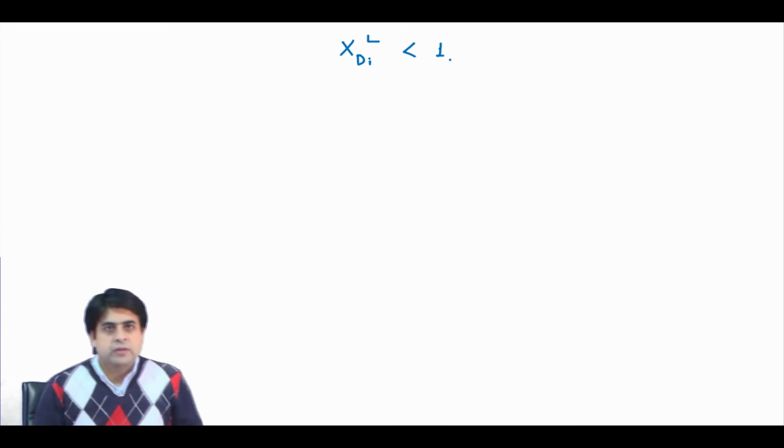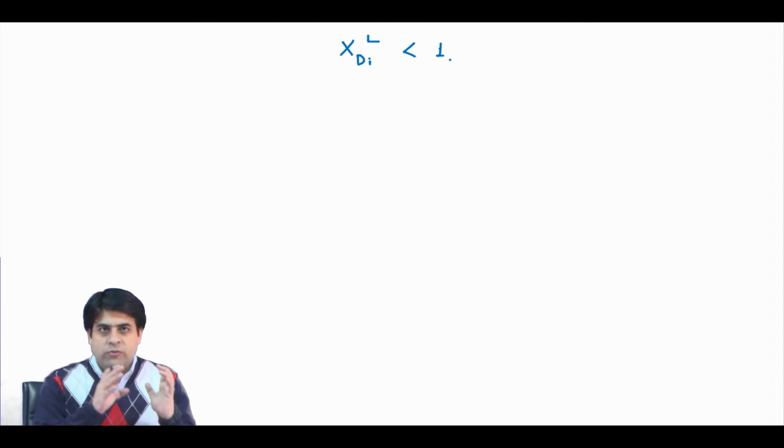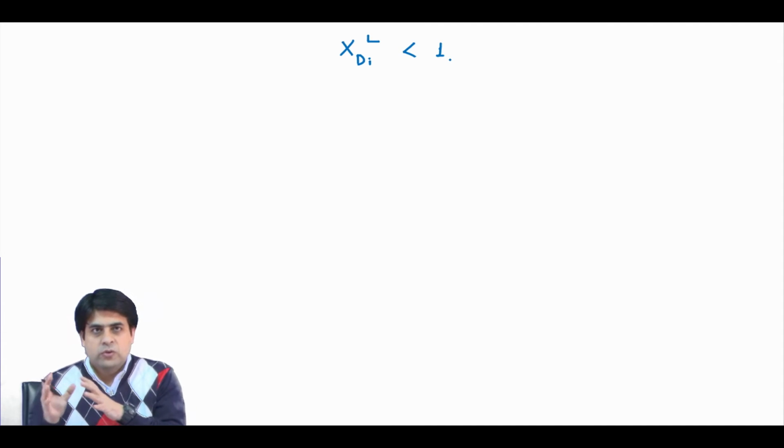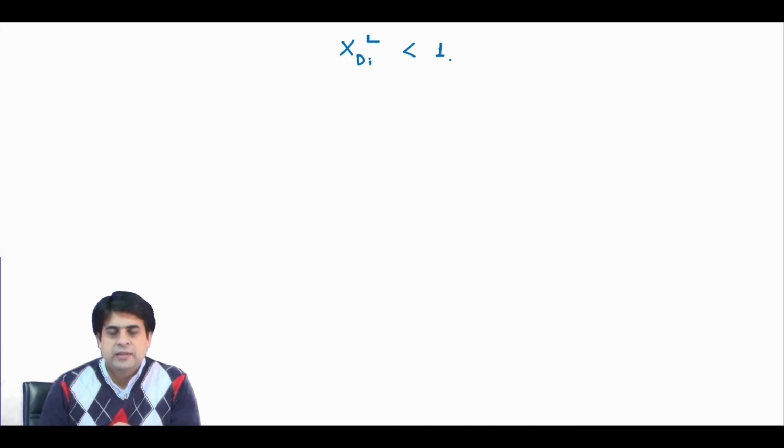Okay. Because this is the mole fraction of diopside in liquid. So, the mole fraction varies from 0 to 1. Okay. So, we can take either 1 or less than 1. So, suppose x diopside in liquid is less than 1.